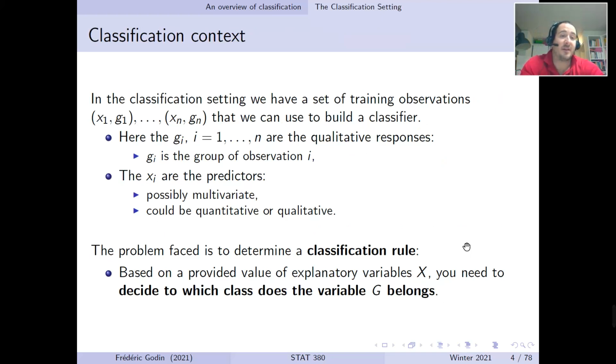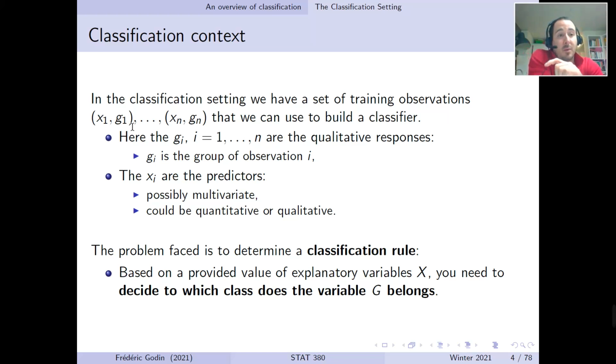So in a classification setting, what does our typical data look like? Well, once again, we have a set of data, x1, g1 until xn, gn, where small n is the number of observations in the data set. The x's for each observation are the features or explanatory variables for that observation, whereas G here is the response.